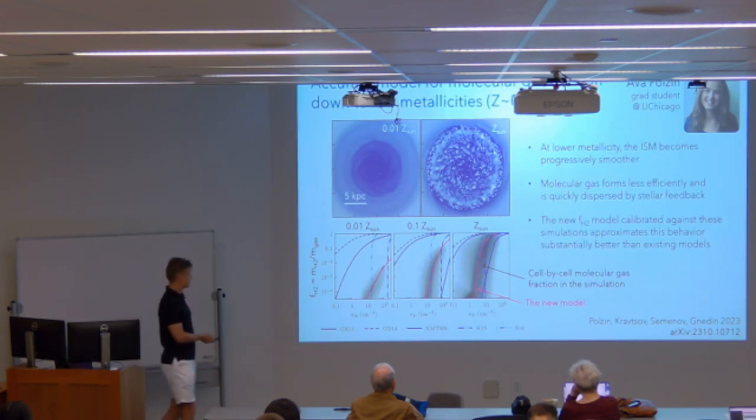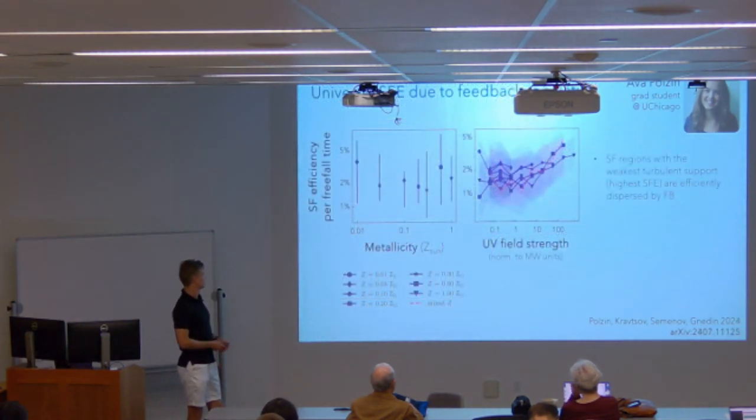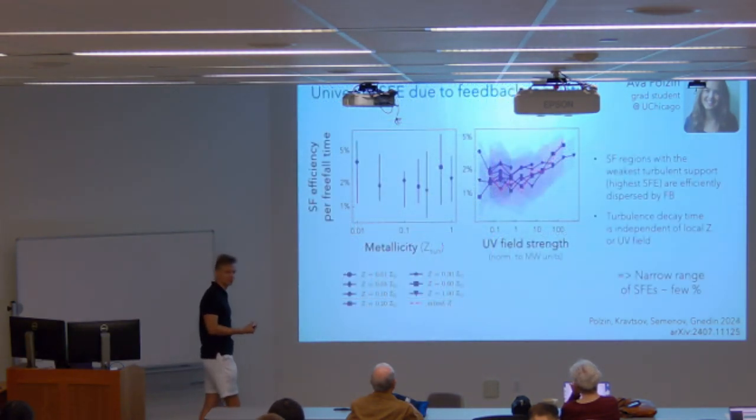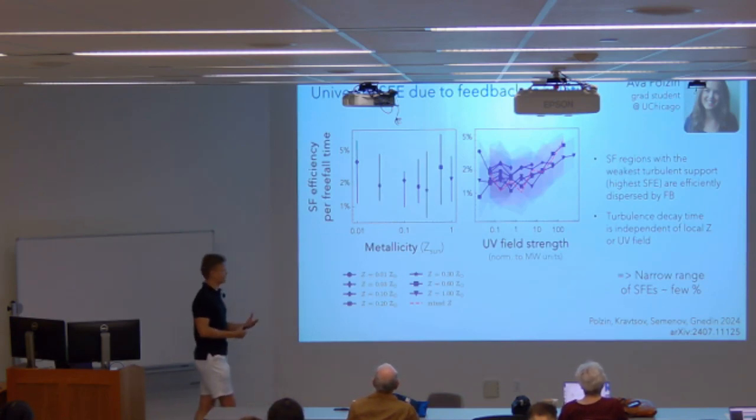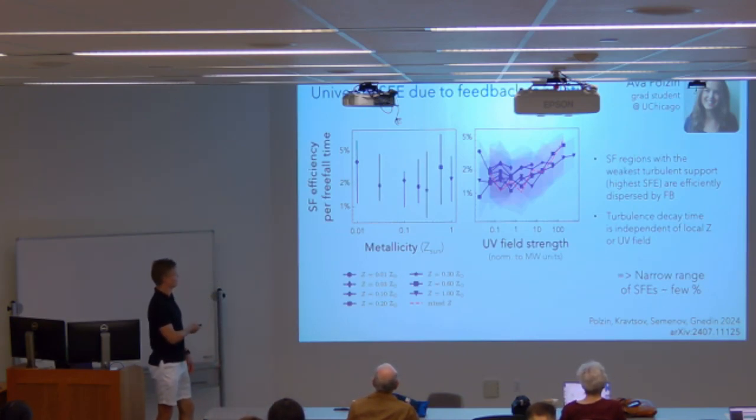And also using the same simulations, we look at the variations of the local star formation efficiency per freefall time as a function of this varying metallicity and UV field. And again, there is a very weak dependence.